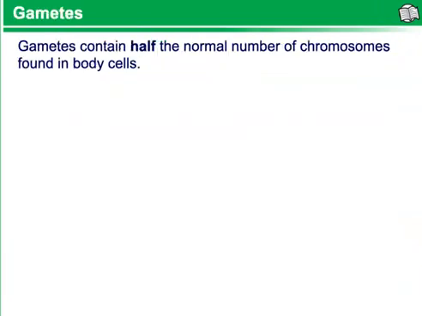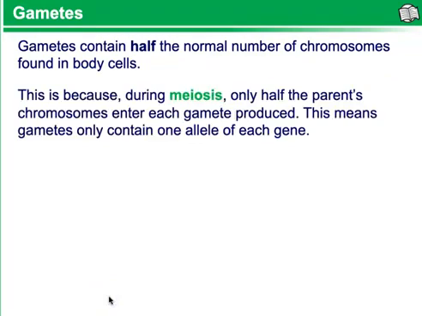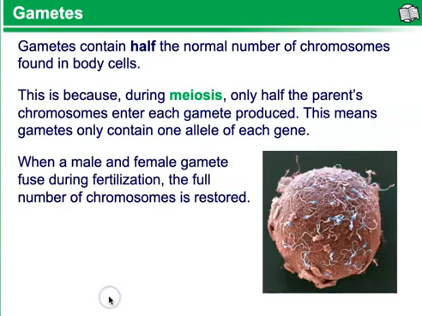Gametes contain half the normal number of chromosomes found in body cells. This is because during meiosis, only half of the parent's chromosomes enter each gamete produced. This means gametes only contain one allele for each gene.